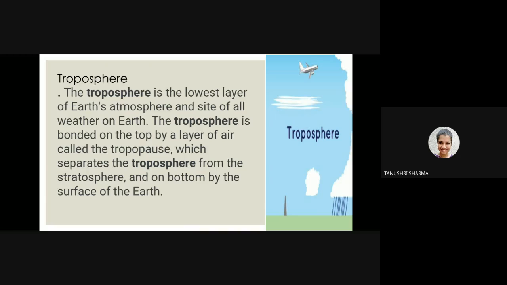Troposphere. The troposphere is the lowest layer of Earth's atmosphere and the site of all weather on Earth. The troposphere is bounded on top by a layer of air called the tropopause, which separates the troposphere from the stratosphere, and on the bottom by the surface of the Earth.